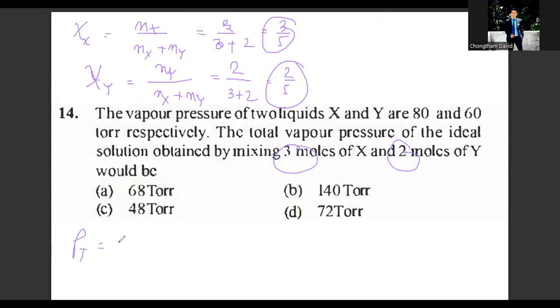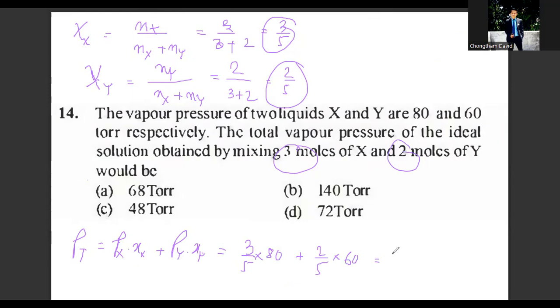Total pressure is the sum of the partial vapor pressures. You have 3 by 5 as the mole fraction of X given to you, 80 as the vapor pressure of X, and the mole fraction of Y is 2 by 5 into 60.